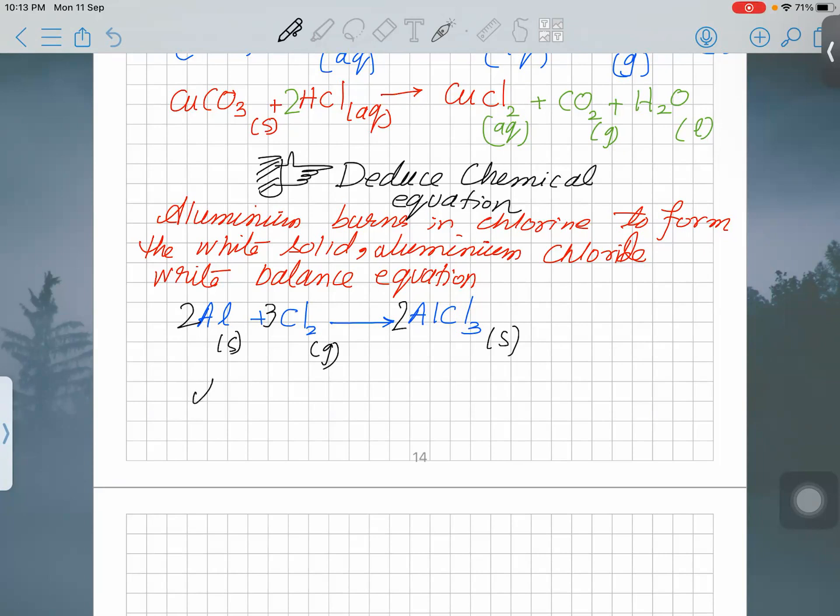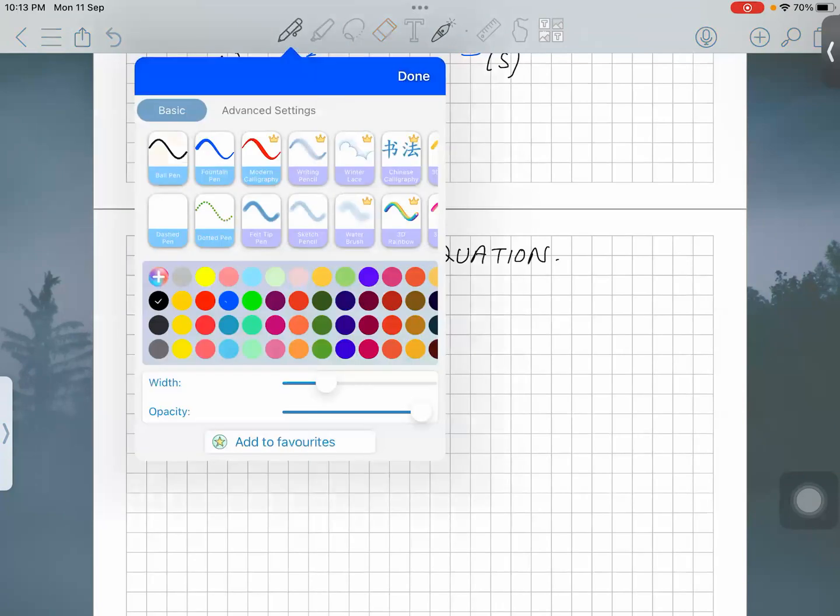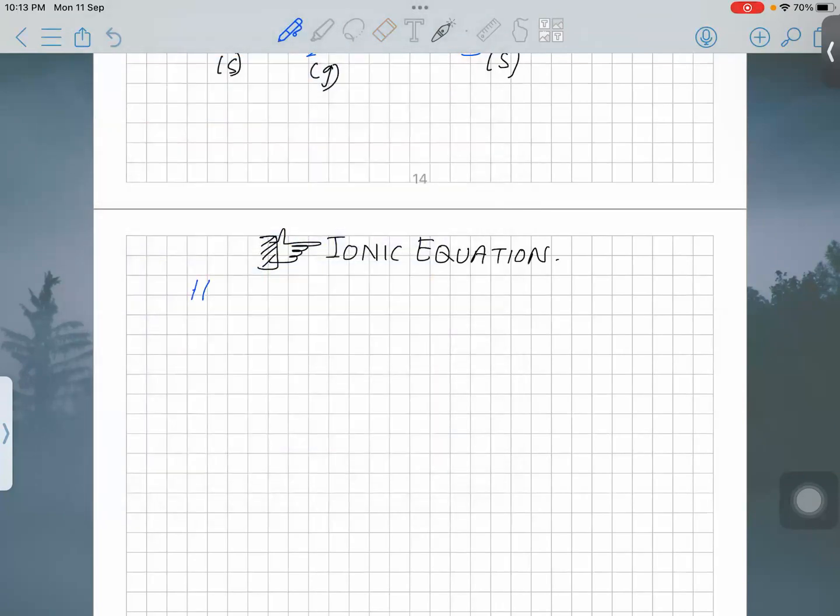Next is ionic equation. So HCl aqueous, KOH aqueous.